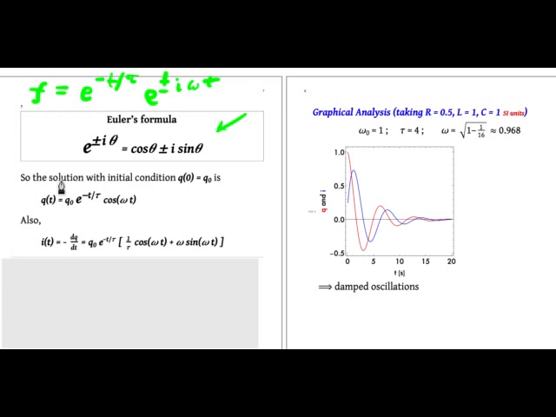And let's write the solution Q0 e to the minus t over tau cosine omega t. That's not the most general solution. It is a solution of the differential equation, and it does satisfy this initial condition, because if I set t equals 0, the cosine of 0 is 1, and the exponential of 0 is 1. So at t equals 0, I'd have Q of 0 is just Q0.